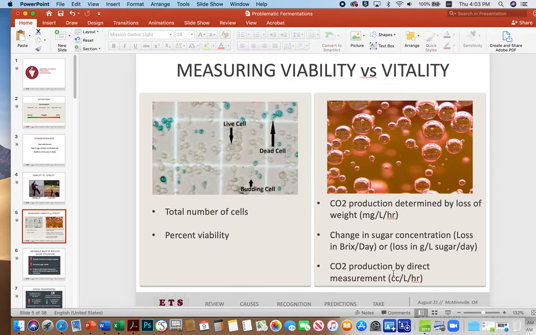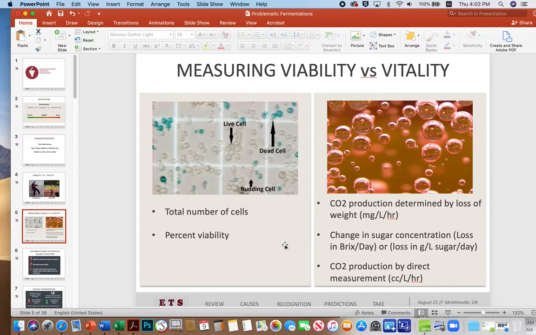Over here is another approach for measuring viability and vitality. CO2 production or change in sugar concentration. Typically you can use a refractometer or hydrometer to generate this, or you can measure CO2 directly using a CO2 meter. One of the things that ETS Labs likes to use is a ViCell XR counter.